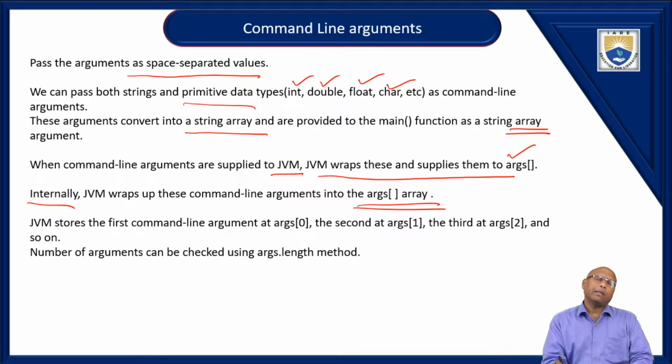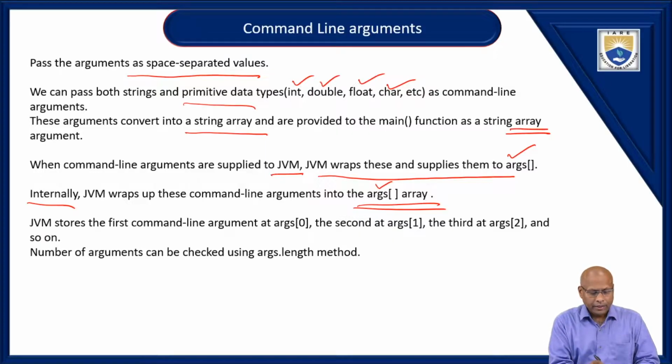Remember, they may ask how the data is stored in the command line argument technique. All the inputs will be stored in string format, and this set of arguments will be stored in an array, generally called the arguments array.